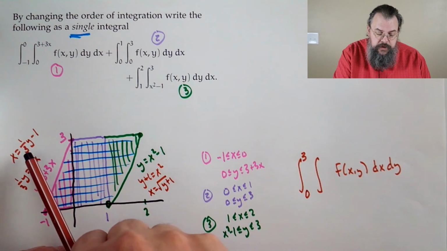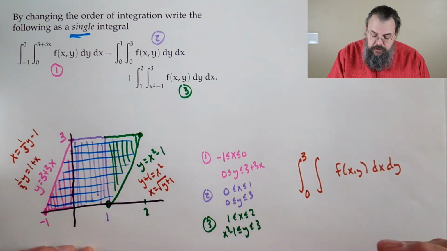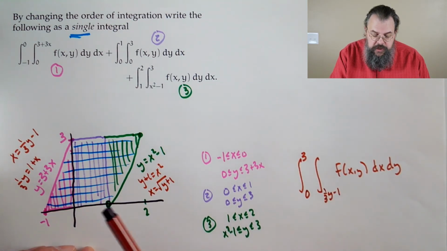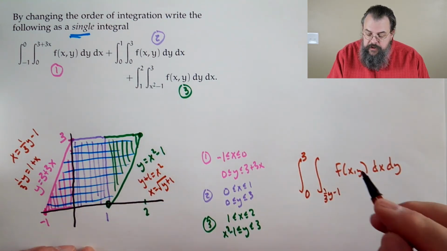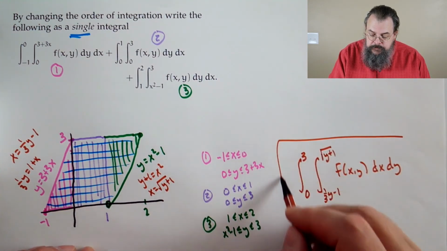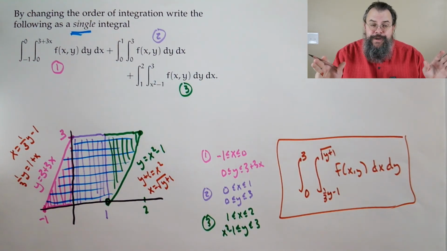Low value as a function of y, because these are x bounds, so x equals. So we go 1/3 y minus 1 to the high value, square root of y plus 1. That's it. We're done.